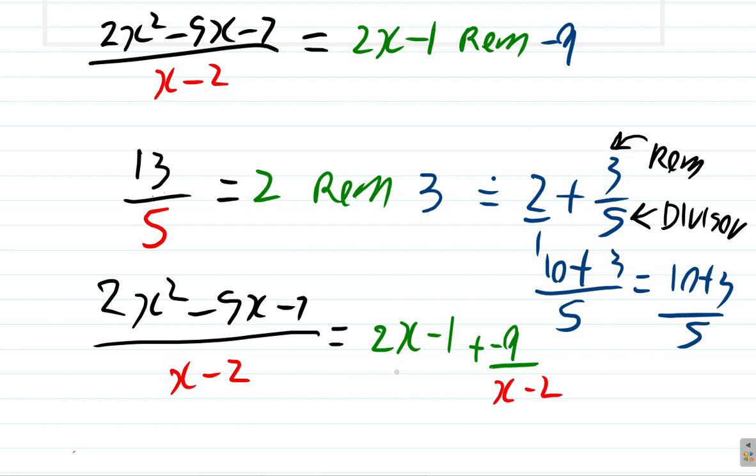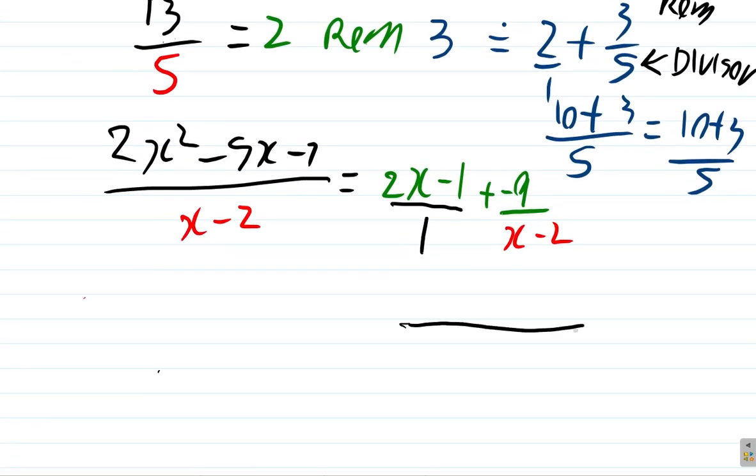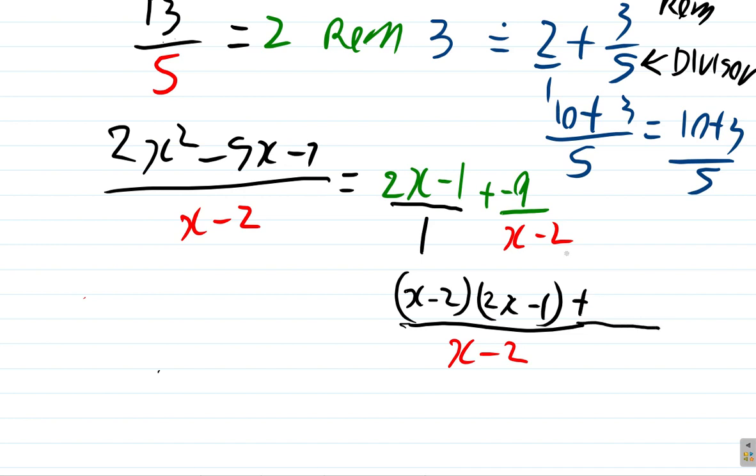Let's try it out and see. Suppose we put 2x minus 1 over 1. We draw the line and find the LCM here. LCM of 1 and x minus 2 is x minus 2. Then 1 into x minus 2 was x minus 2 times 2x minus 1. Plus x minus 2 into x minus 2 goes 1 time, 1 time negative 9 is negative 9.